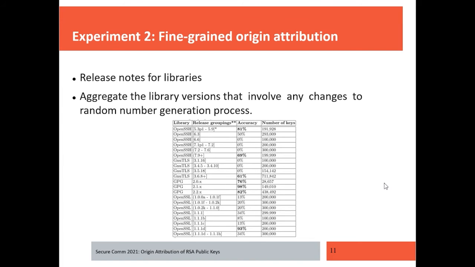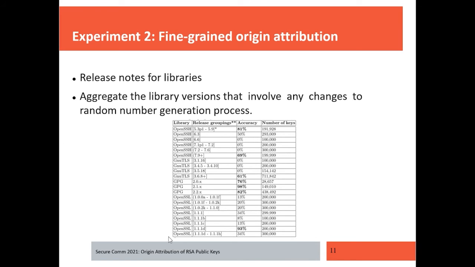In the next experiment, we analyzed the release notes for each library. Then we aggregated the library versions that involve any changes to the random number generation process. We want to see if changes in the implementation of the cryptographic library have any effect on the keys and the randomness of the keys.